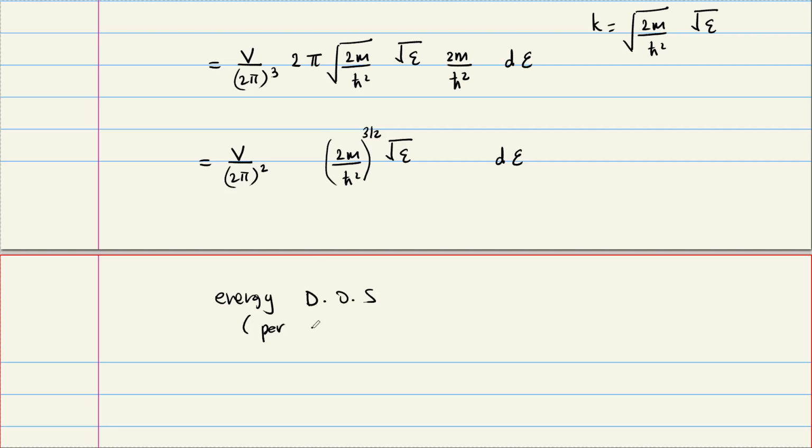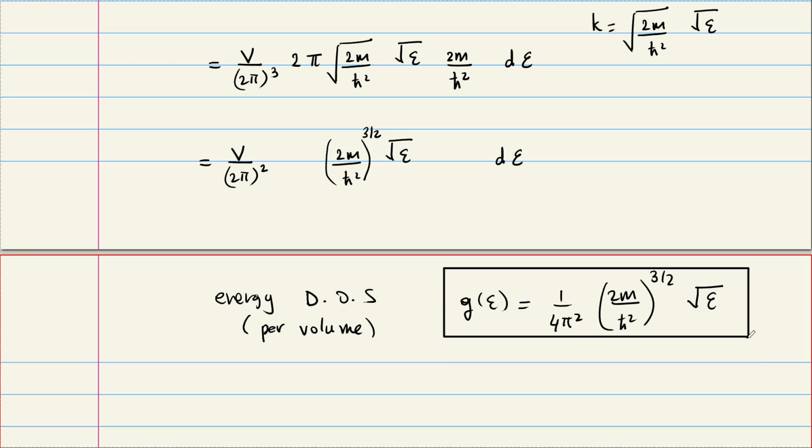This is per volume, because I want to get rid of V. So G of epsilon is equal to this thing: 1 over 4 pi squared times 2m over h bar squared to the 3/2, times root epsilon. So we'll be using this in our calculations.